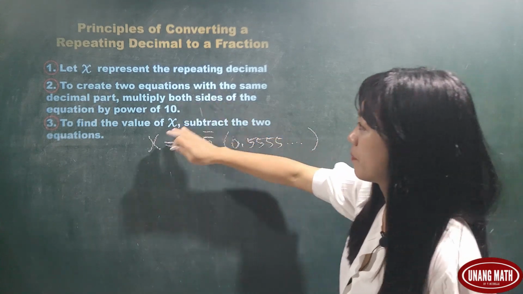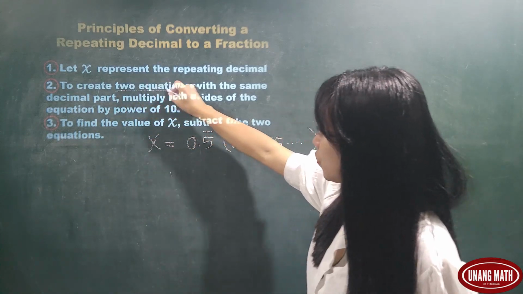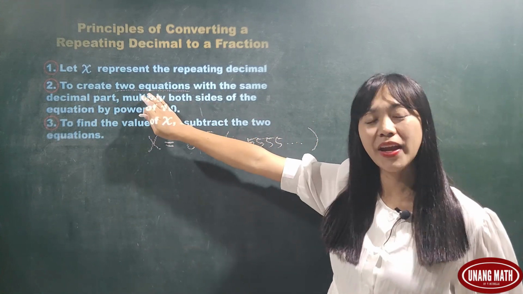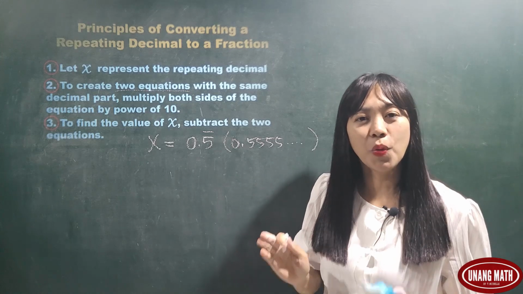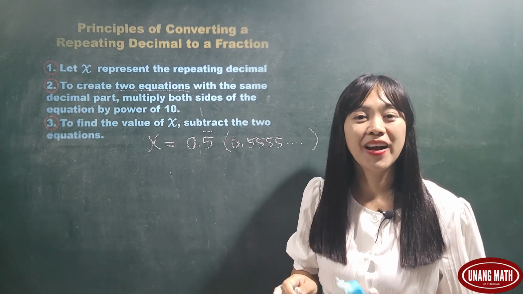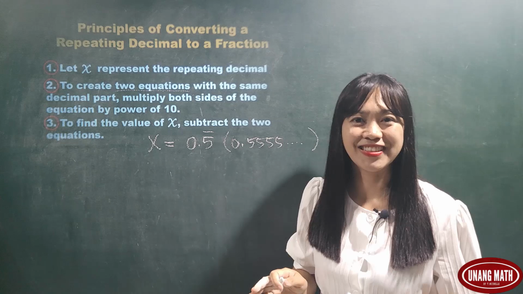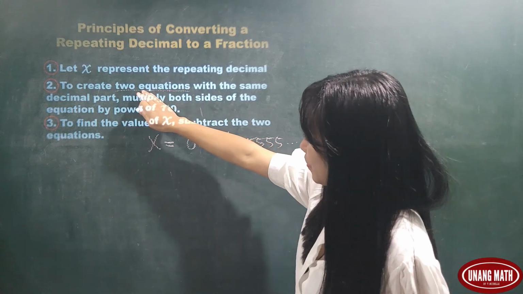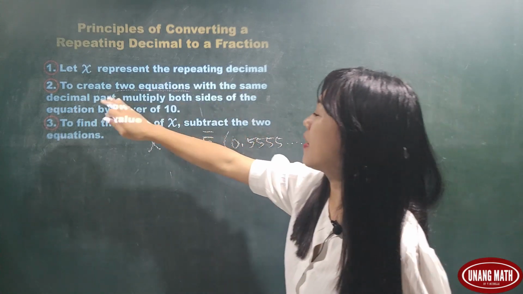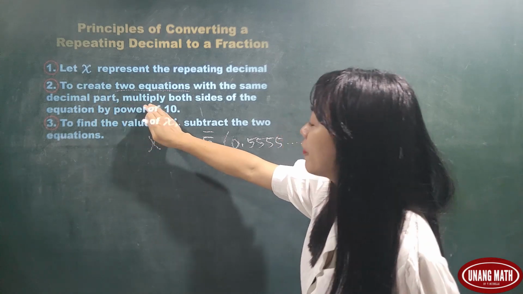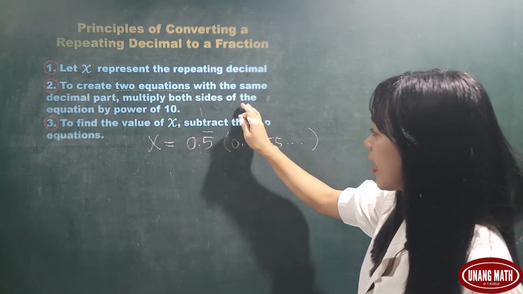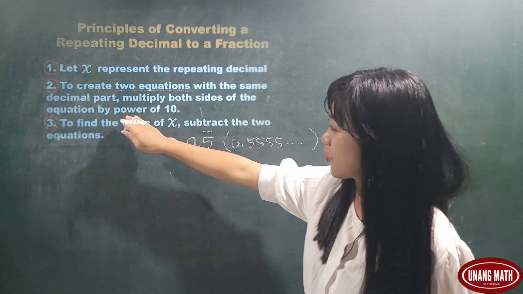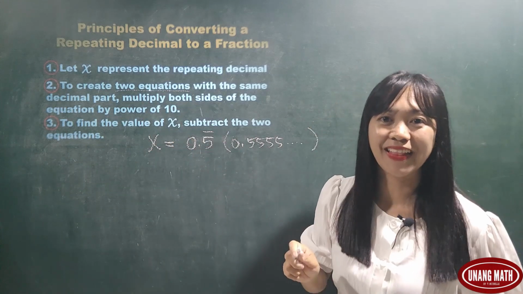Second, we have to create two equations. We will create two equations in order for us to remove the repeating digits. So to create two equations with the same decimal part, we have to multiply both sides of the equation by the power of 10.